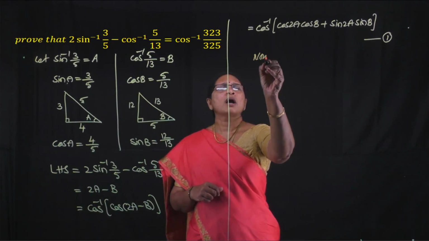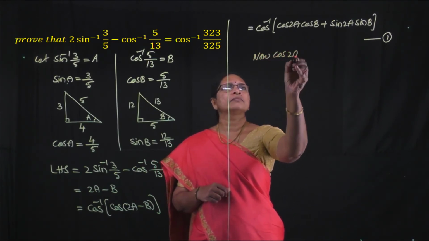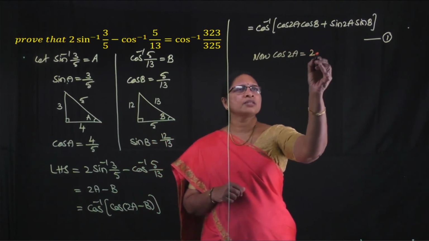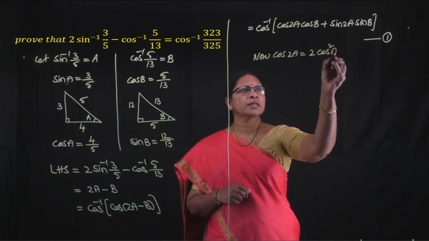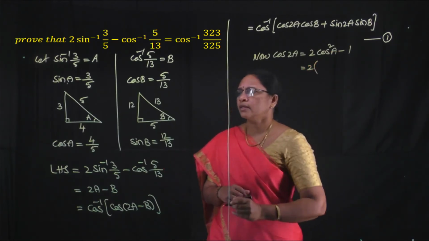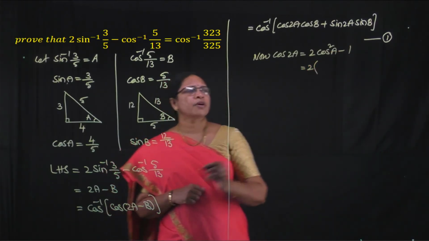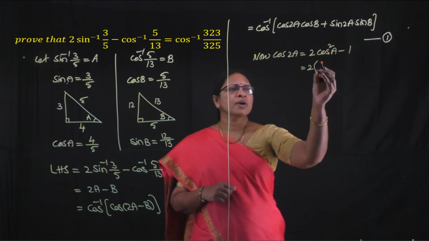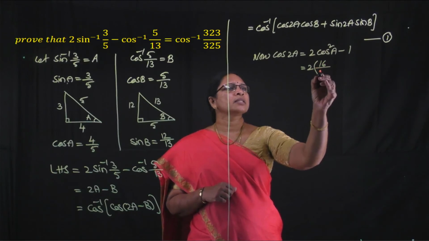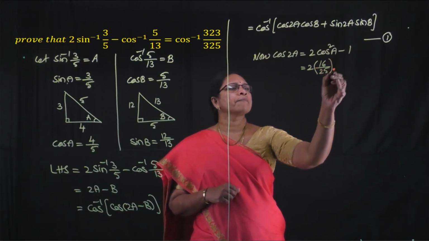Now cos 2A is equal to, we know the formula for cos 2A is 2 cos square A minus 1, that equal to 2 into, here cos A is 4 by 5, cos square A, that is 4 by 5 whole square, that is 16 by 25 minus 1.